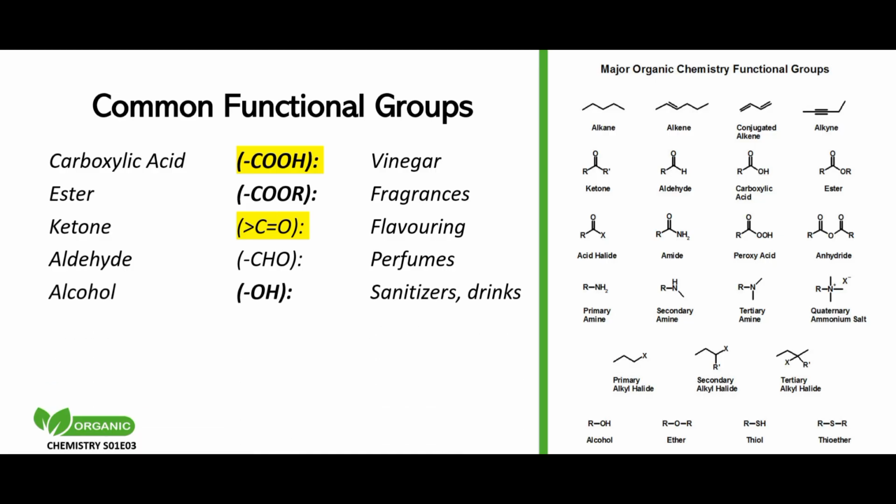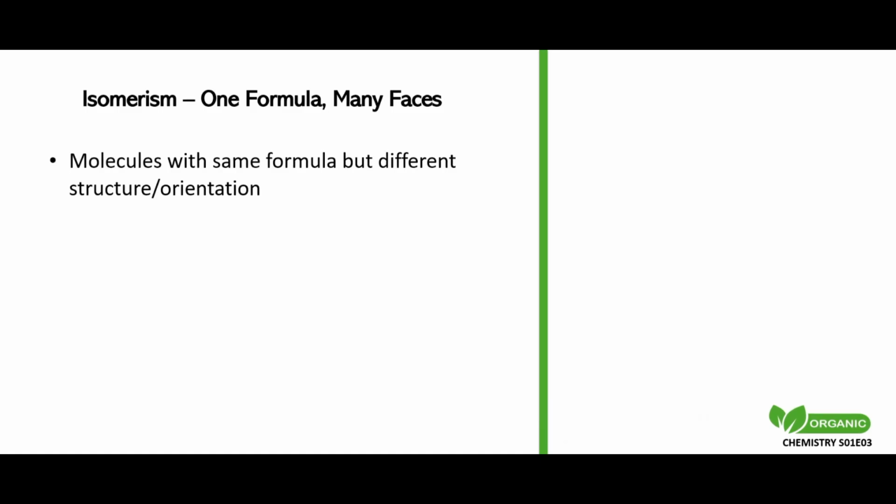Found in beverages, hand sanitizers, and fuel. Amines, NH2. Essential for proteins and responsible for fishy smells. Halides, X. Found in refrigerants and medicines. Understanding functional groups helps predict a molecule's uses, reactions, and interactions in biological and industrial processes.